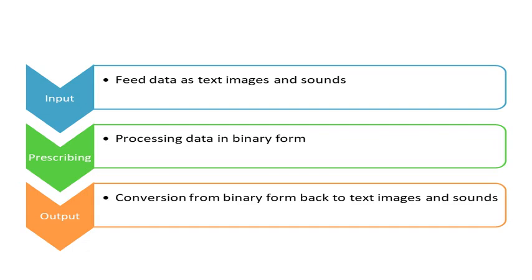The computer processes this data into information, and this binary data is converted to information and comes out in a human understandable way after we process the data and create a report. Conversion from binary back to text, images, and sounds happens like that.